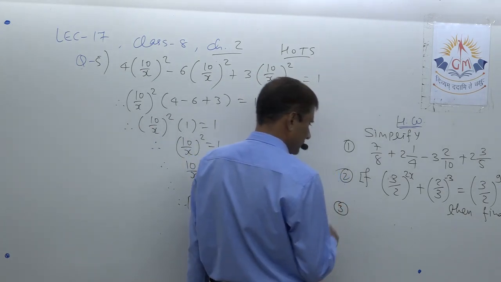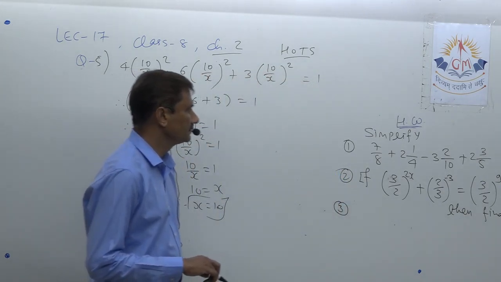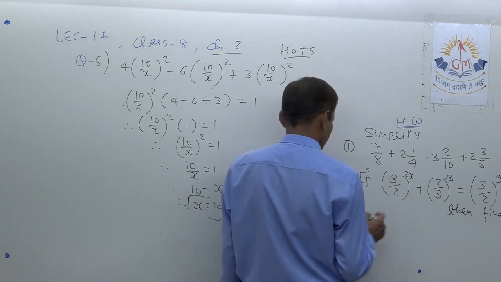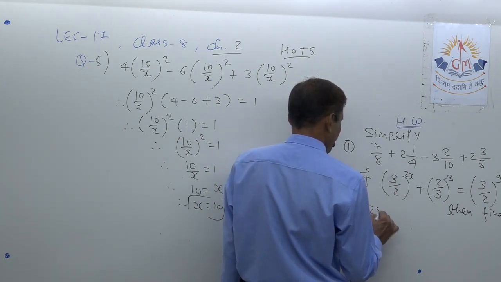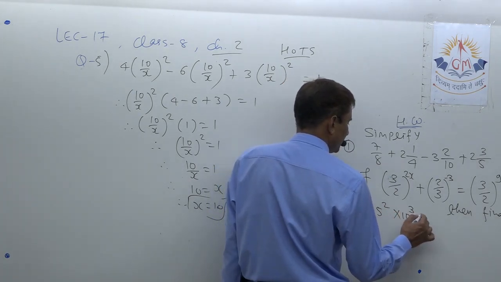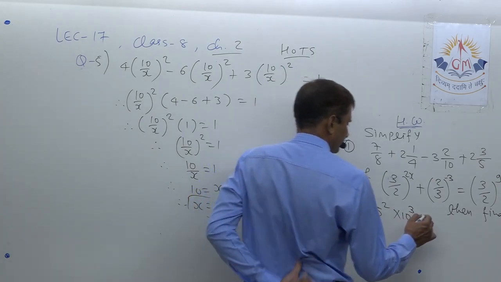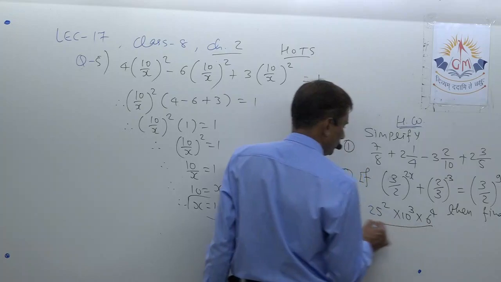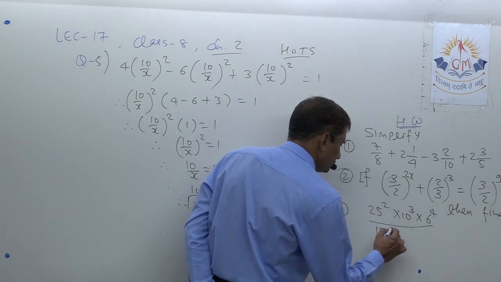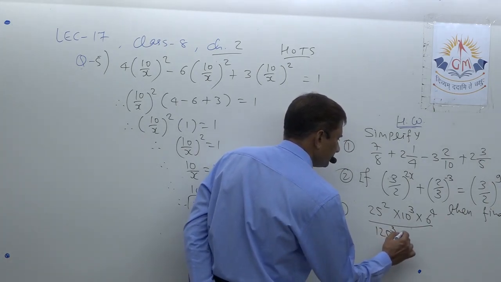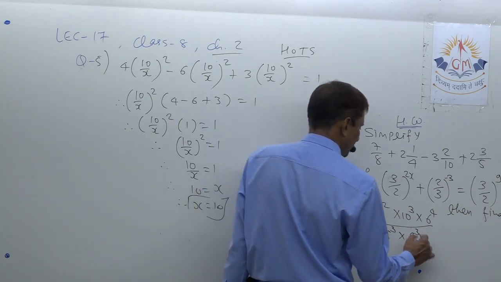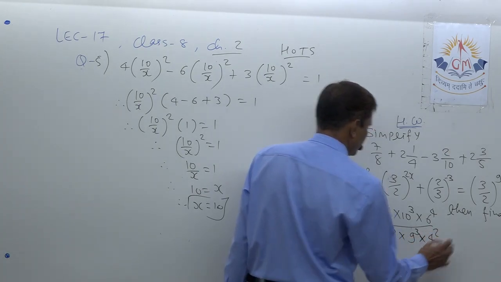Number 3. Now according to this lesson, (25 raised to 2) into (10 raised to 3) into (6 raised to 4) upon (120 raised to 3) into (9 raised to 3) and into (4 raised to 2).